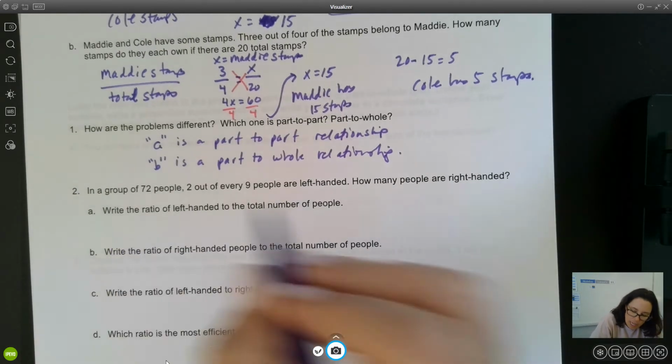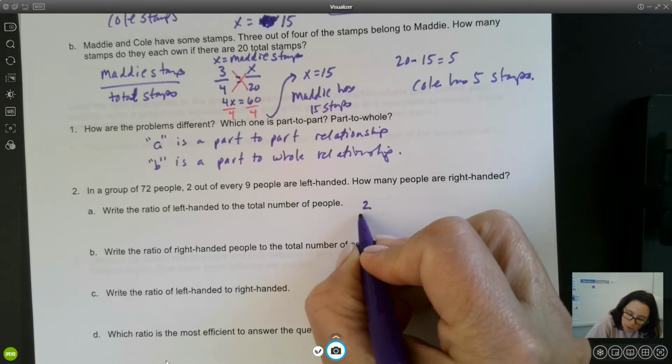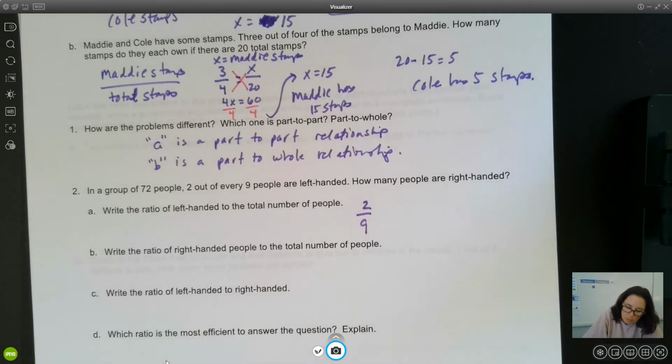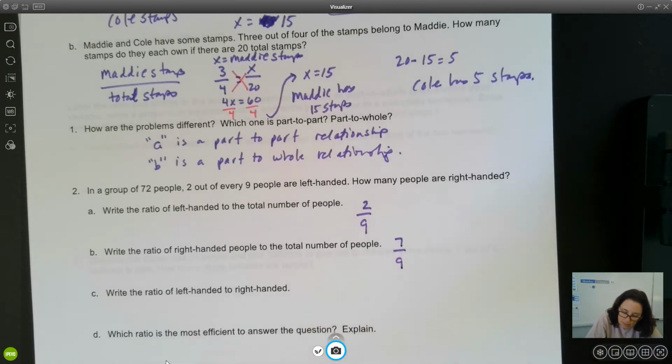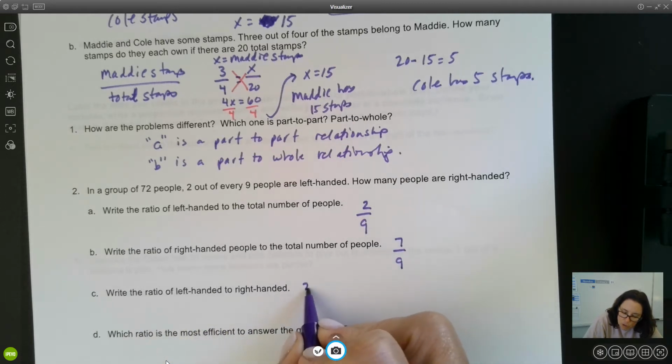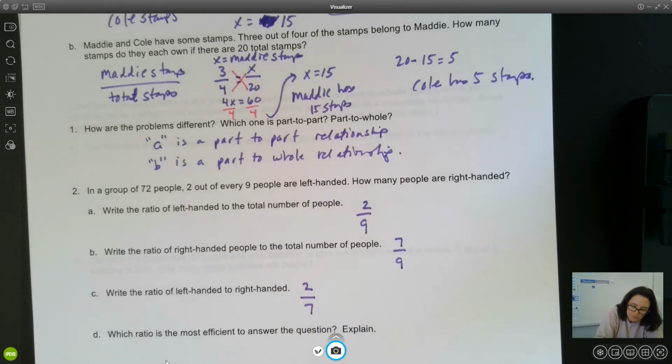Left is 2, total number of people is 9. What is the ratio of right-handed people to total number of people? 7 would be right-handed out of 9. What is the ratio of left-handed to right-handed? 2 left-handed to 7 right-handed.